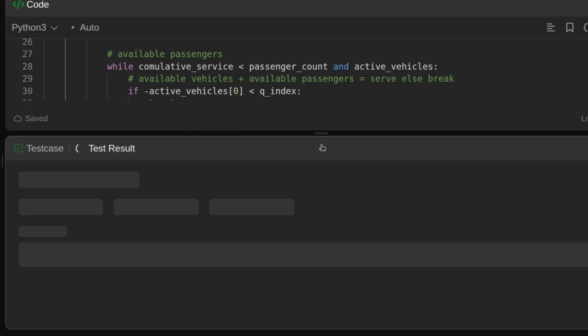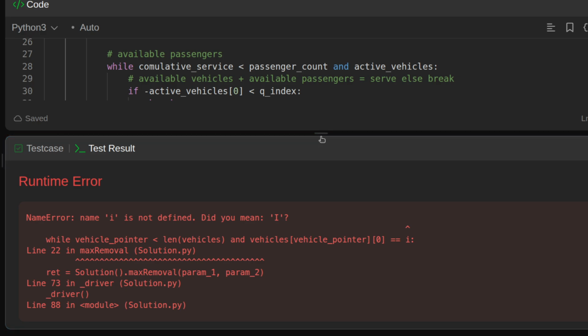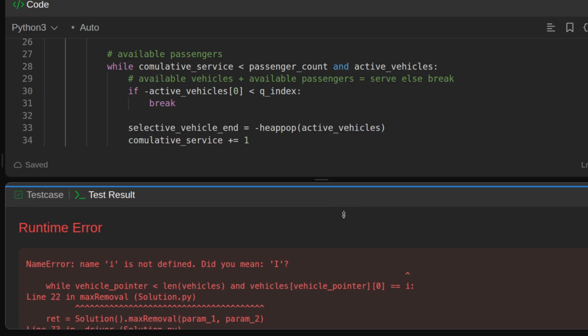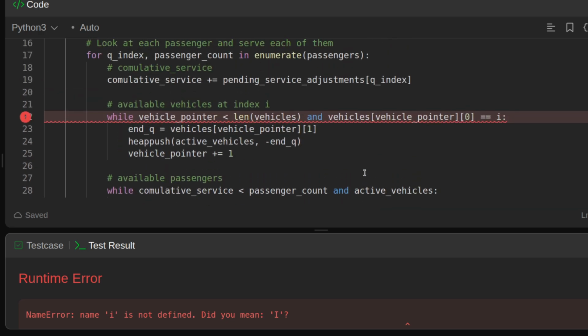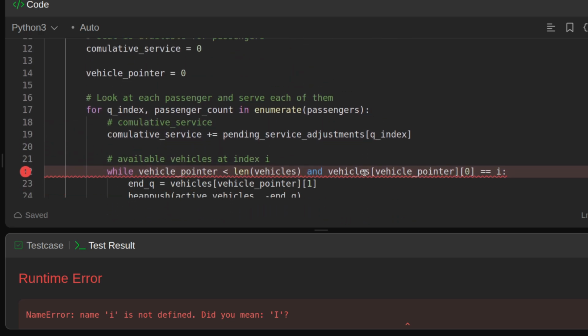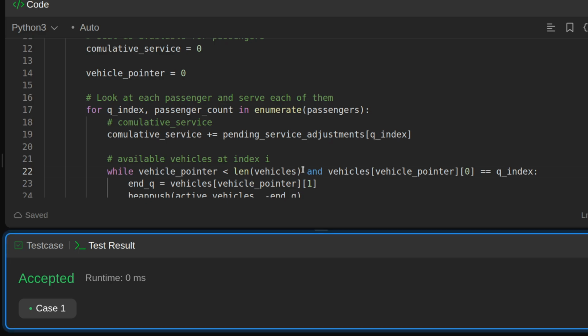Let us try to run it. I is just index. Is it Q index here? Run this.